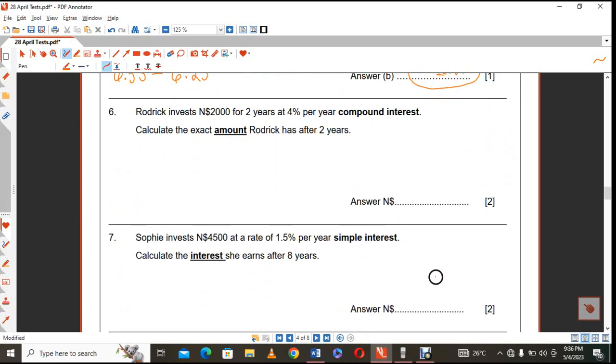Question 6, again, I said I'll bring in questions that involve some interest. Roderick wants to invest, and I've bolded compound interest here as well as the amount, because if you use the formula for compound interest, which is A equals the principal being the 2,000 that the person is investing, plus the percentage, 1 plus 4%, and then you raise all of that to the power of 2.